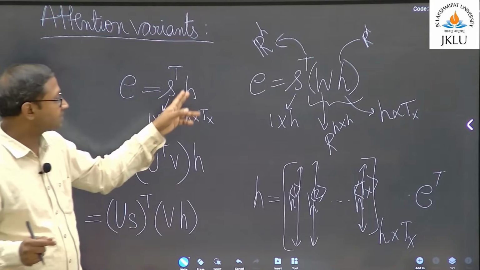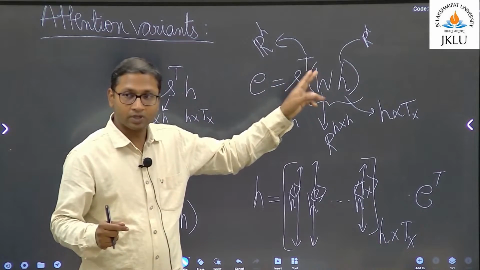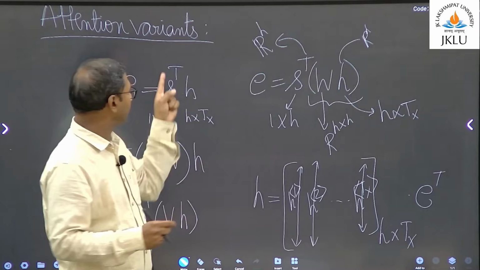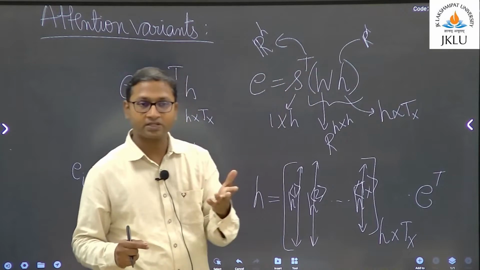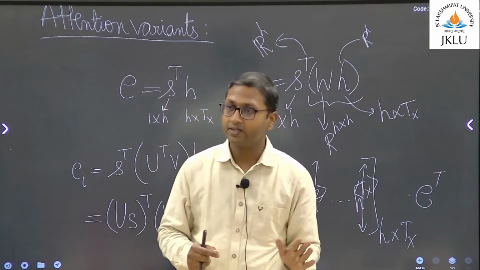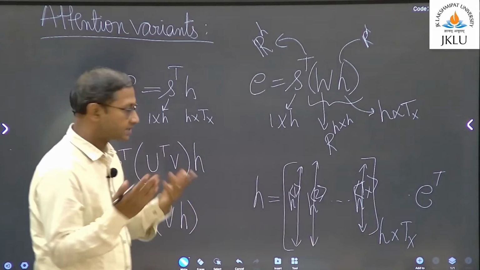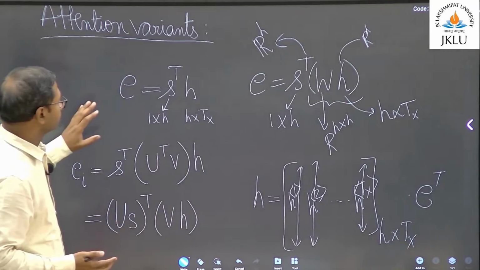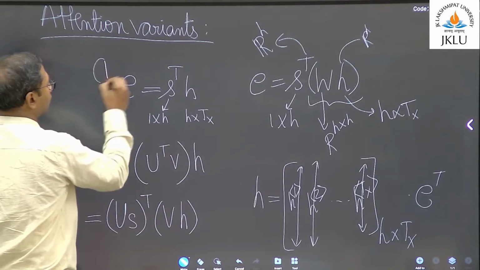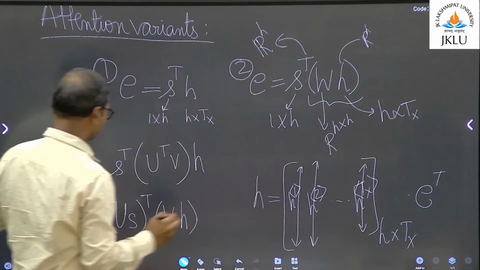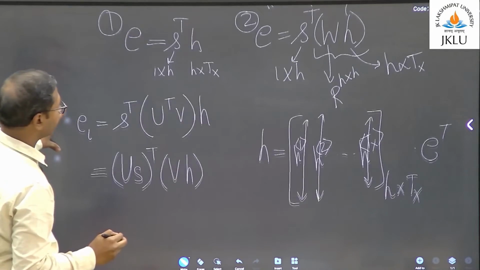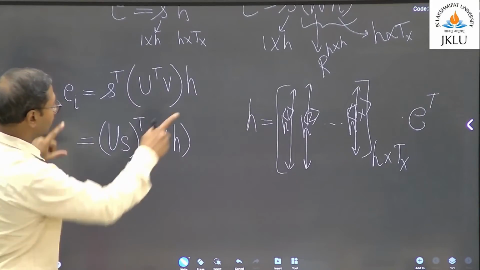So if there is something very special about st.h, then the network should be able to learn W as just the identity matrix and do whatever you want it to do as earlier. So this was one type of it. This was the second type of it. I am not really writing their names as they write in CS224N.